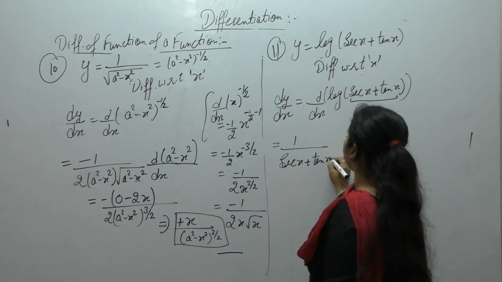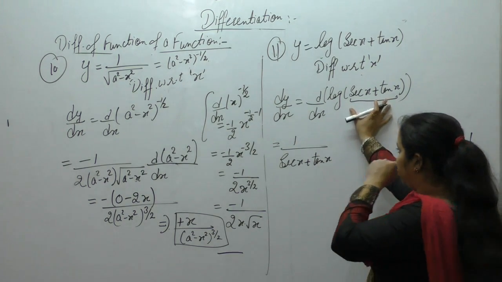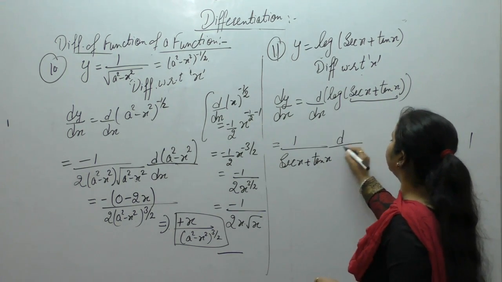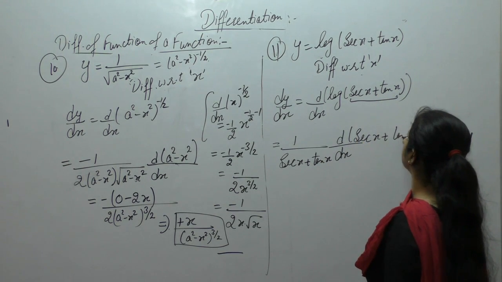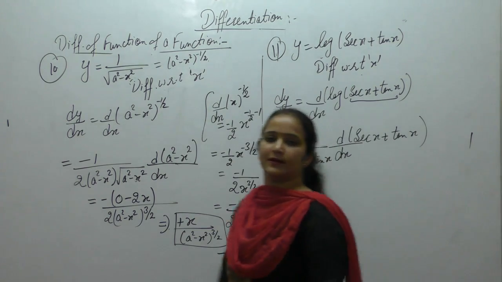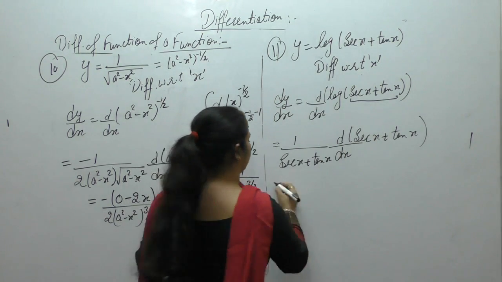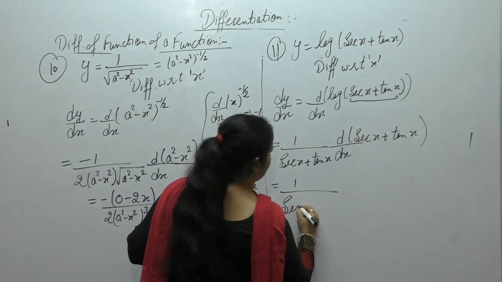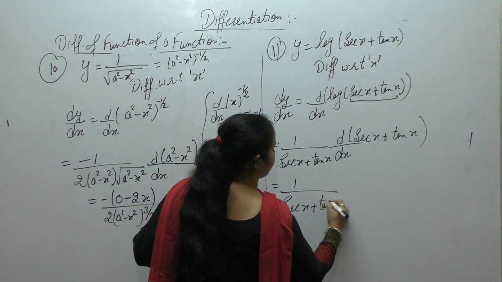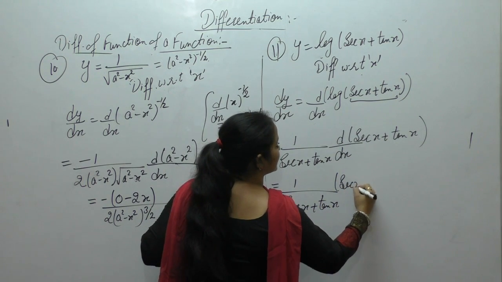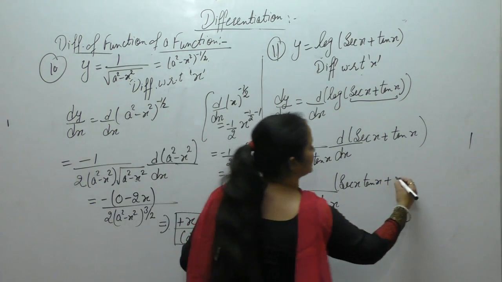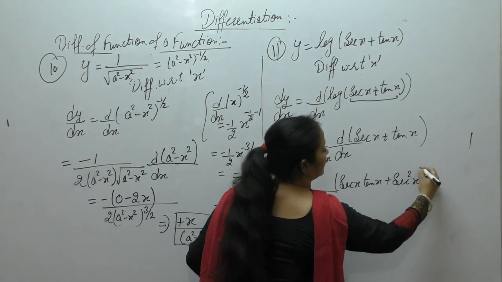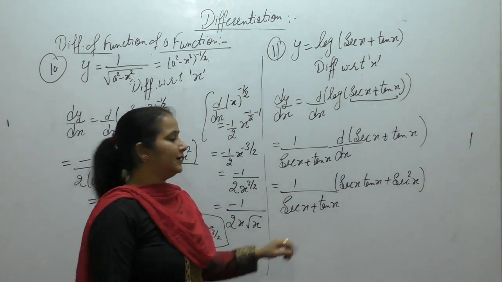Since instead of x we have this term, we have to take the derivative of this term also, sec x plus tan x. Clear? Now what is the derivative of sec x? Derivative of sec x is sec x tan x. Derivative of tan x is sec square x. Clear?